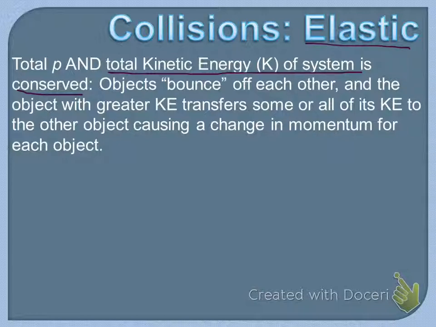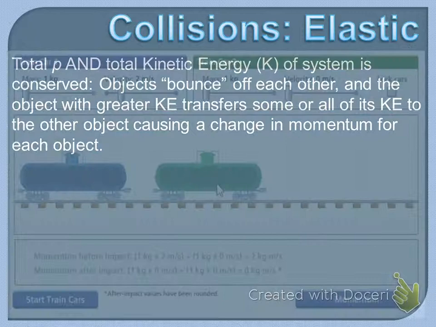The objects bounce off of each other, and if one has a greater kinetic energy than the other, it will transfer some or all of its kinetic energy to the other object, and that causes a change in momentum for each object, potentially. Okay, so let's look at an example where we see this.